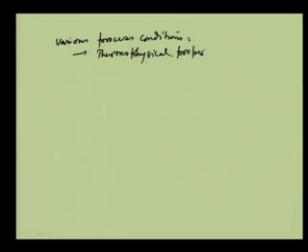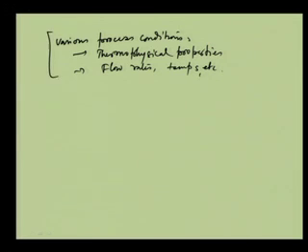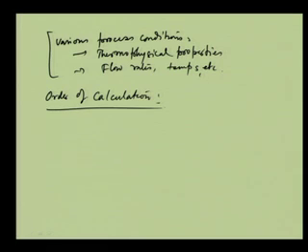So, this is one consideration, how to place the fluids. And then we have to know the various process conditions, that includes thermophysical properties, flow rates, temperatures, etc. So, this has to be known. And then the order of calculations. In case of a double pipe heat exchanger, first we have to calculate the energy balance for the cold fluid, hot fluid, and overall energy balance.